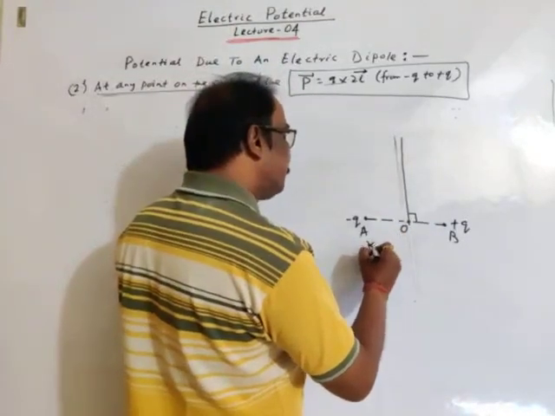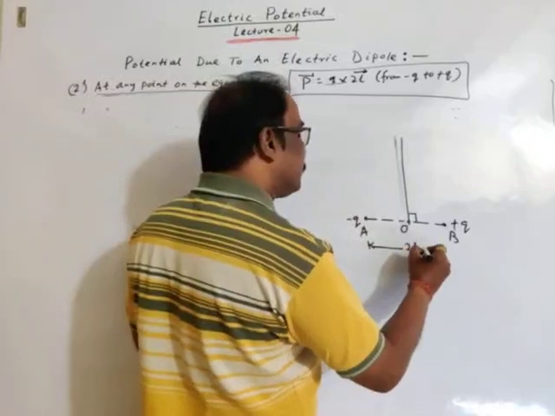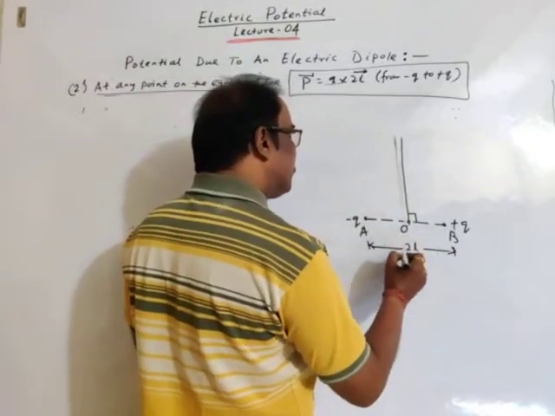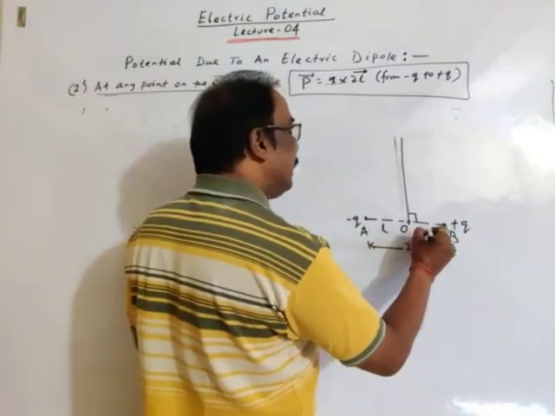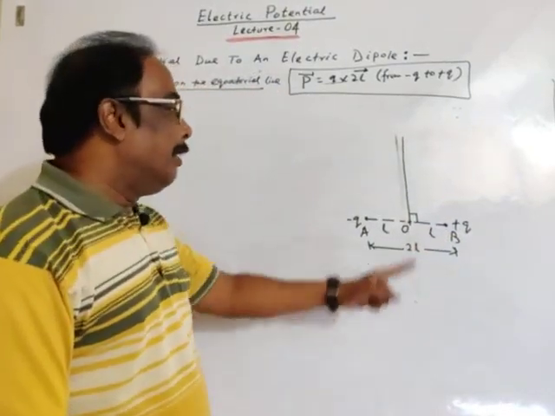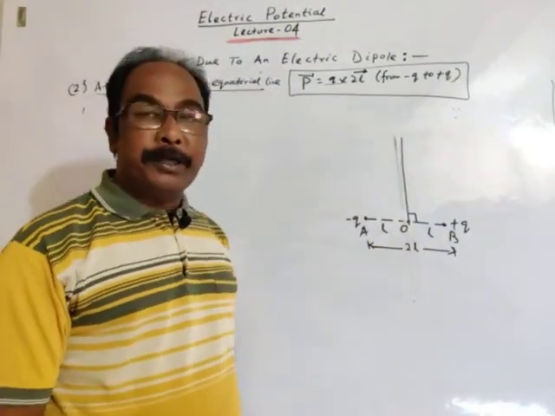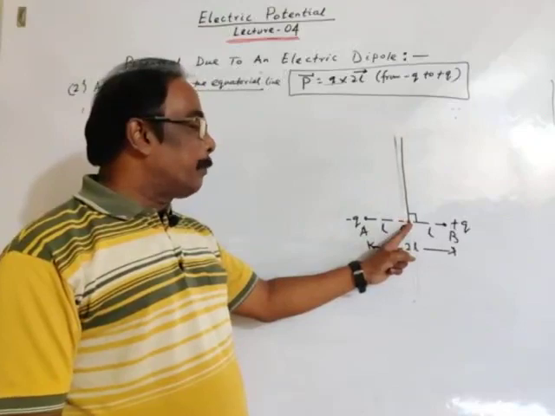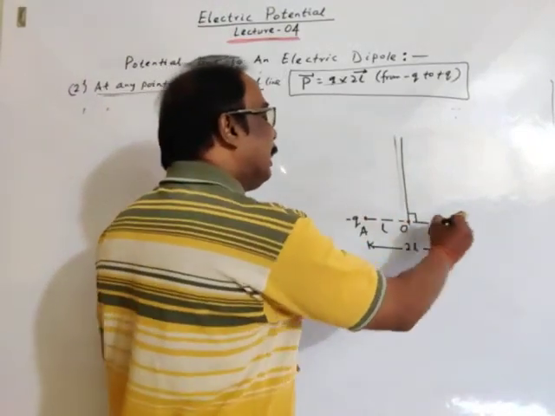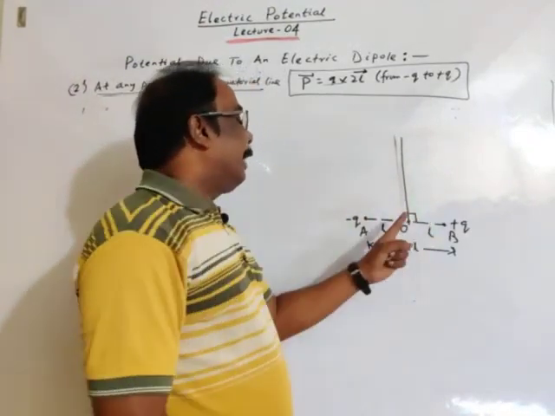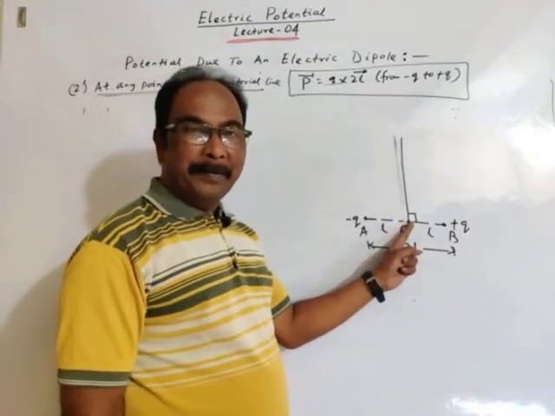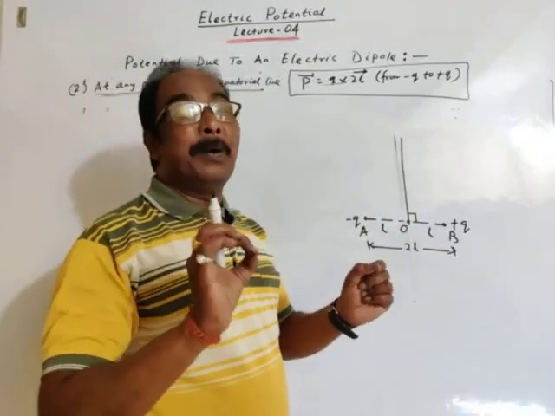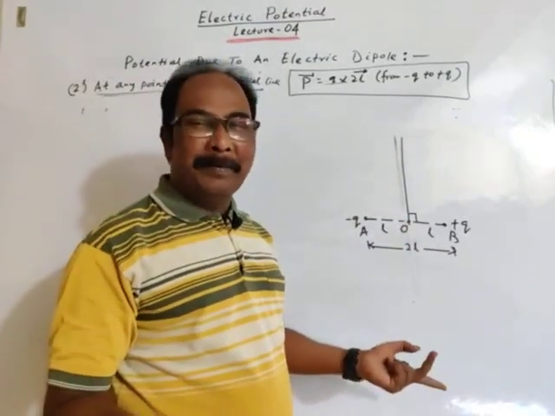Let the distance between the two equal and opposite charges of the dipole be 2L. So obviously OA is L and OB is L. This line is perpendicular to the axial line of the dipole and passes through the center of the dipole. Distance is always measured from the center of the dipole.